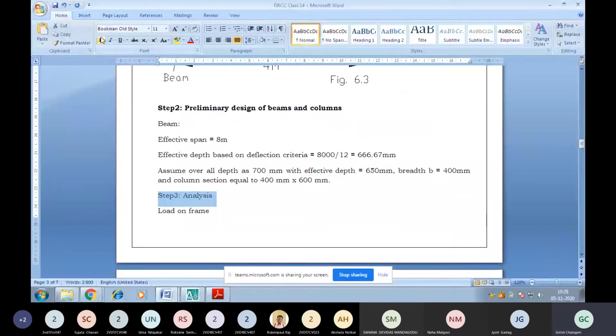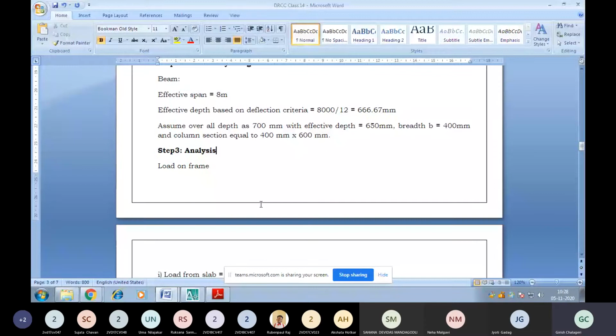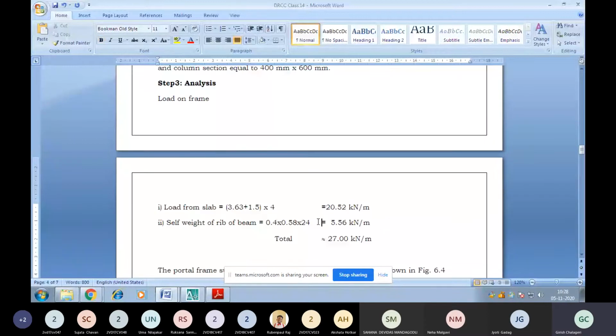Once we finalize the sizes of beams and columns, let us analyze the beam here. From the diagram, you know that the load from the slab is 3.63 dead load and 1.5 live load, and the spacing between each frame is 4 meters.